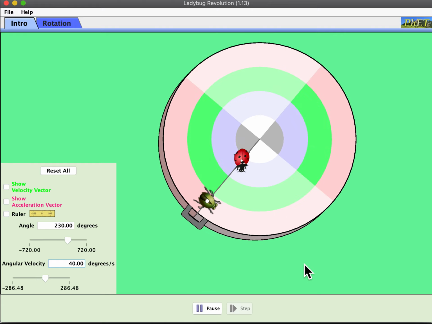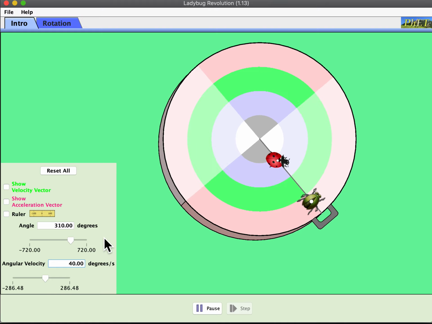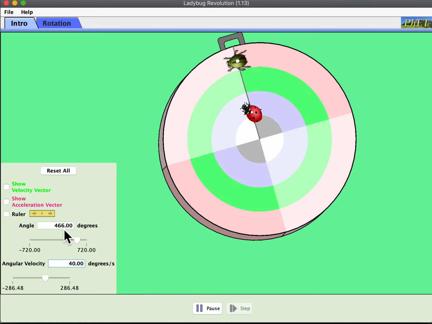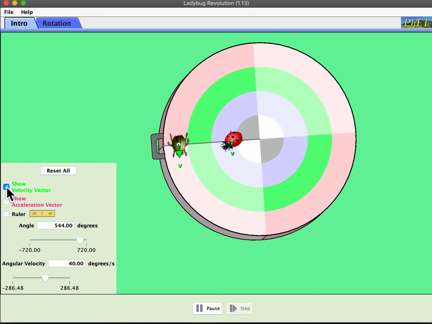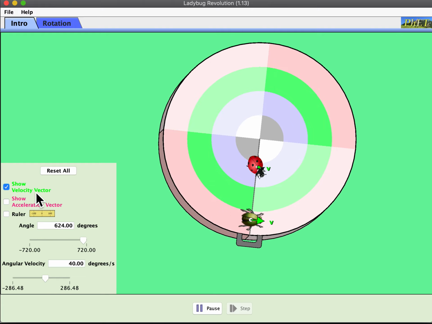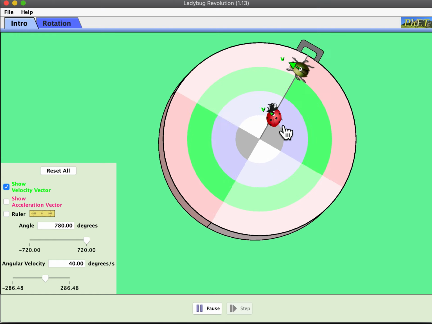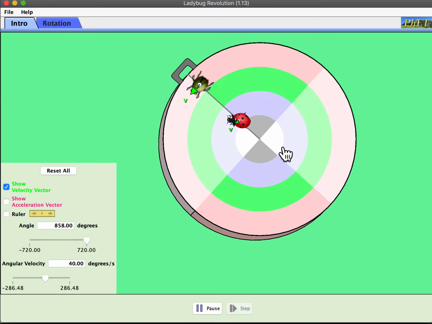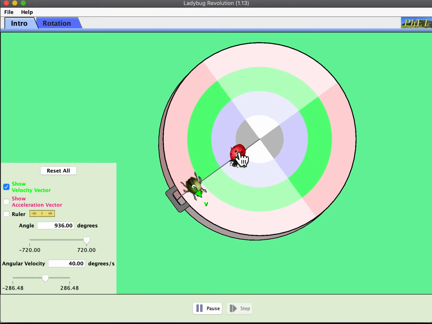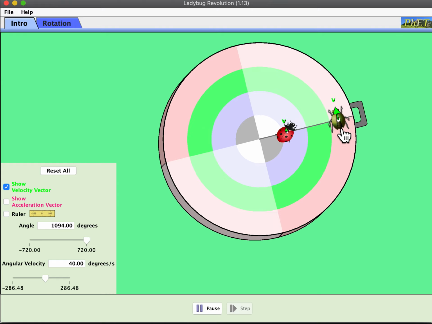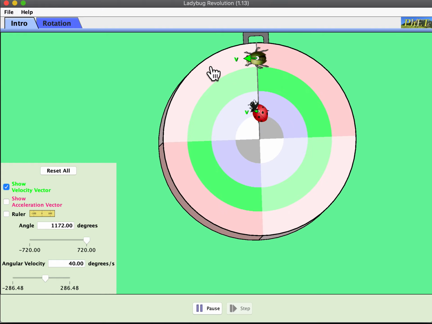Every second, they're both moving through another 40 degrees, and you can kind of see both of them have the same angle at every moment. Okay, and I can actually draw on here the linear velocity, vector v, and you can see that this little bug, it's not traveling very far every second, so it has a small linear velocity or tangential velocity, where the green bug has a larger vector and it's traveling faster.